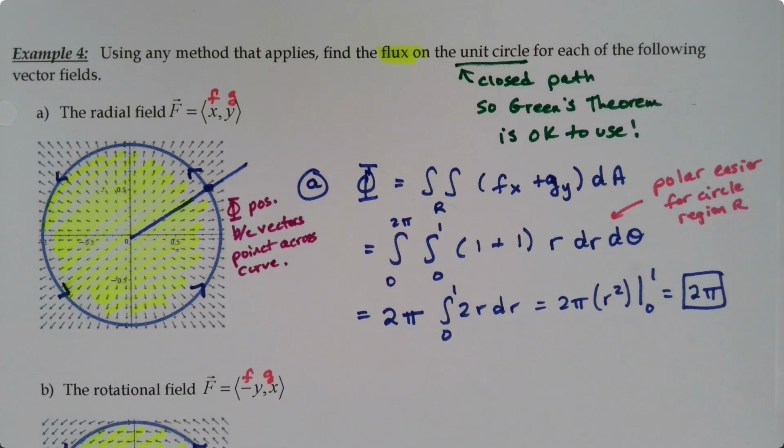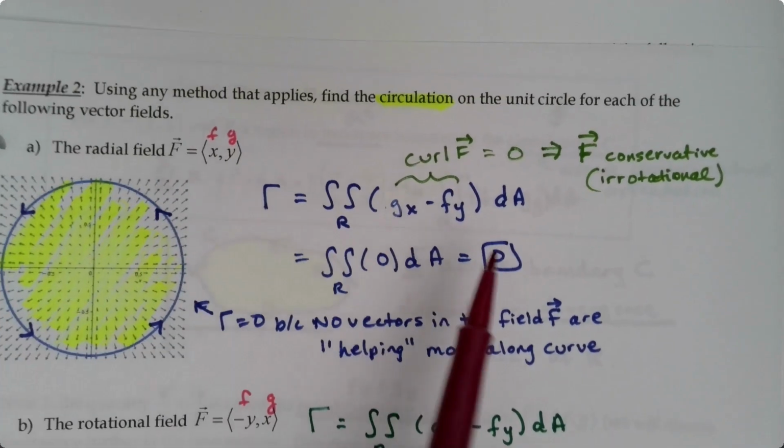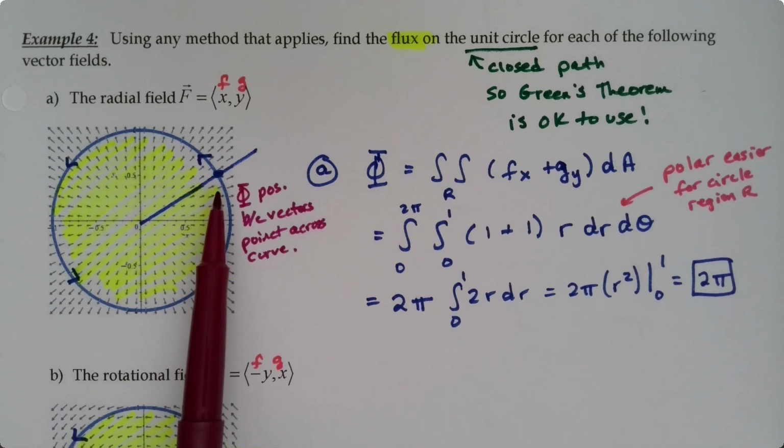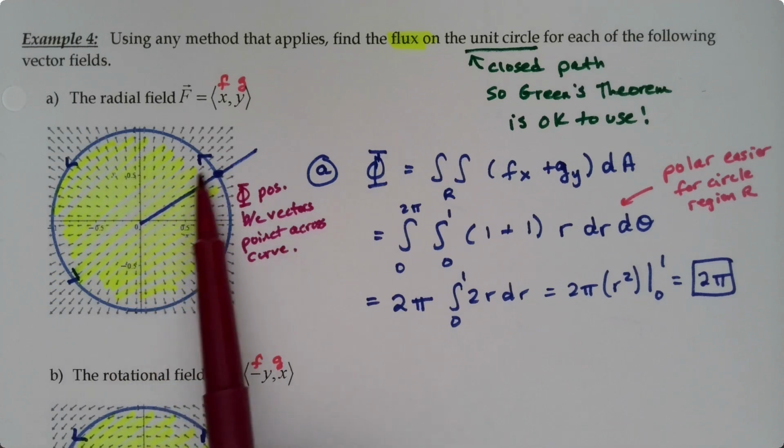Which, by the way, is the exact opposite of the circulation. This same particular problem had 0 circulation because it wasn't helping at all, but it has lots of flux, right? The arrows are permeating the barrier of that curve and going from inside to outside.